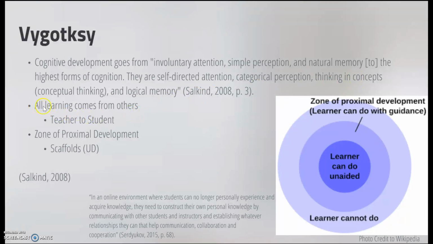His main idea was that all learning comes from others, and his official standpoint was that this is a teacher-to-student relationship. He had what was called the more knowledgeable other, where the student would be watching someone who is the more knowledgeable other or the teacher in that situation and then mimic or learn that behavior from them.